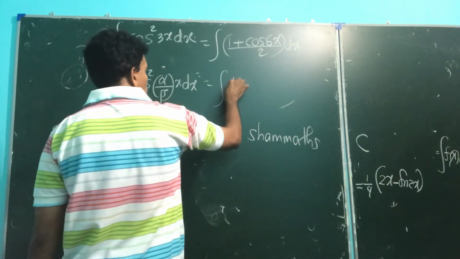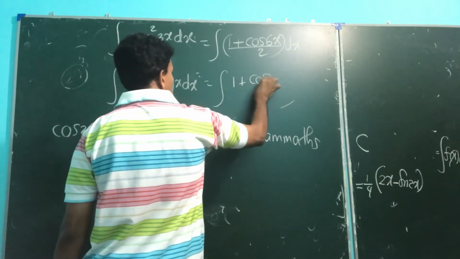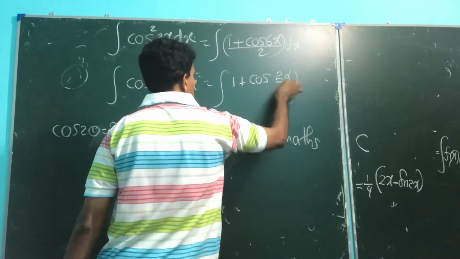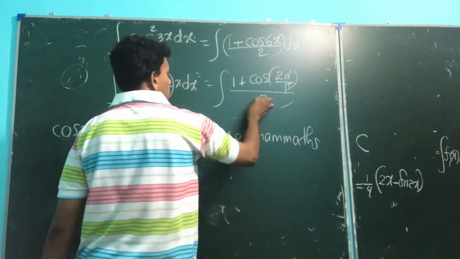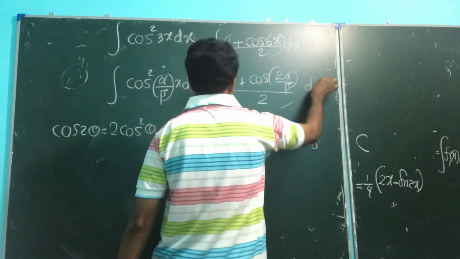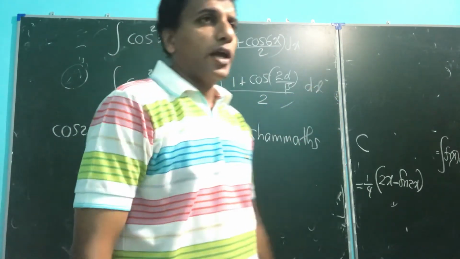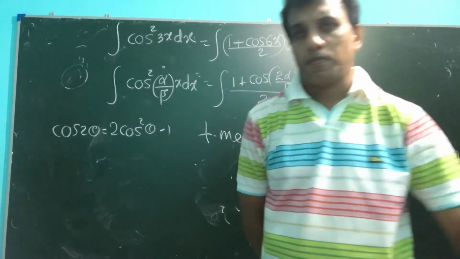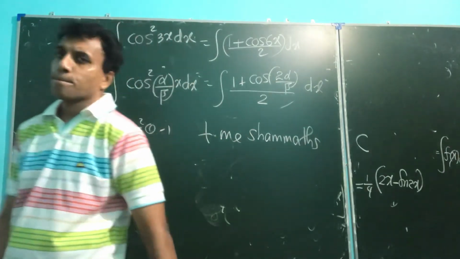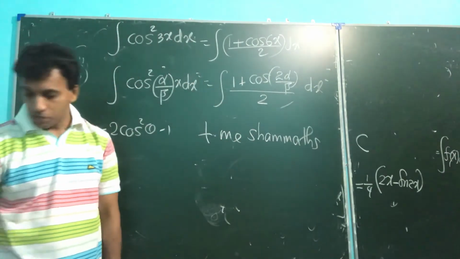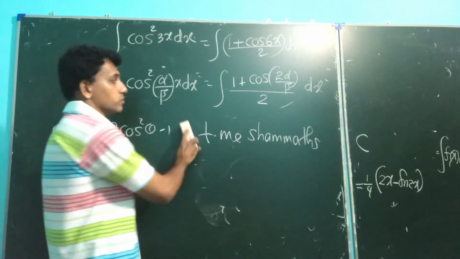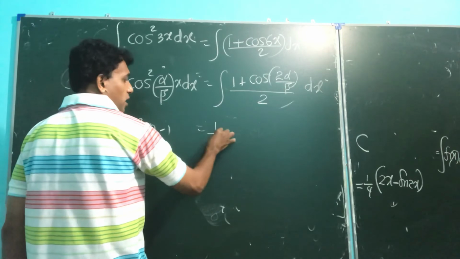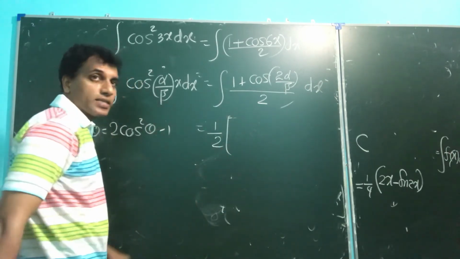Therefore, 1 plus cos 2 alpha over beta x, over 2, into dx, right? So the answer: take the half and integrate straightly.